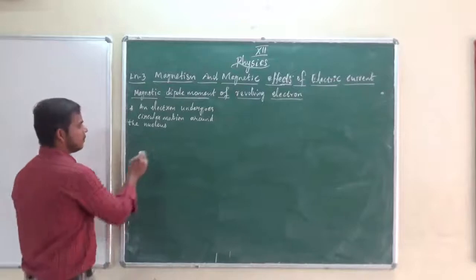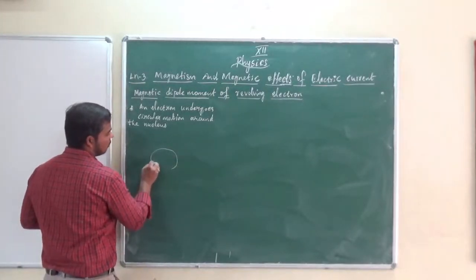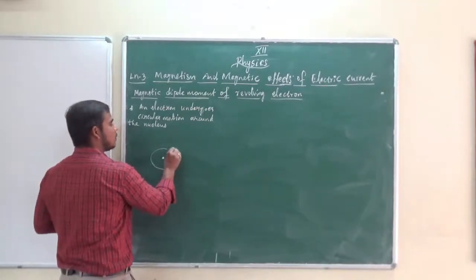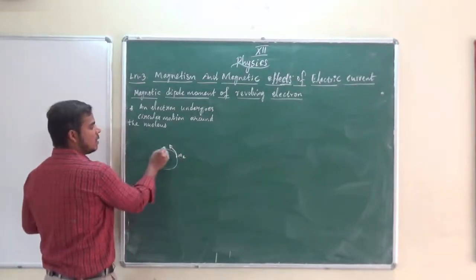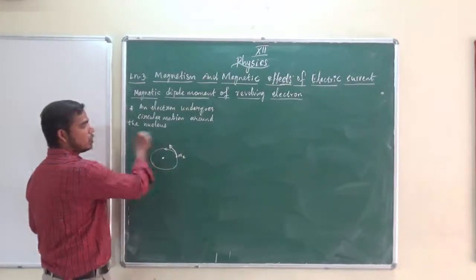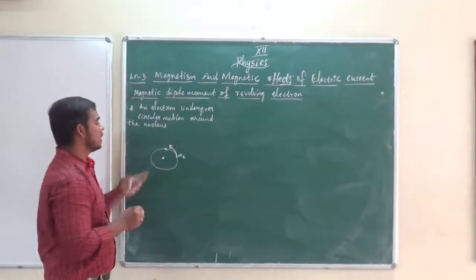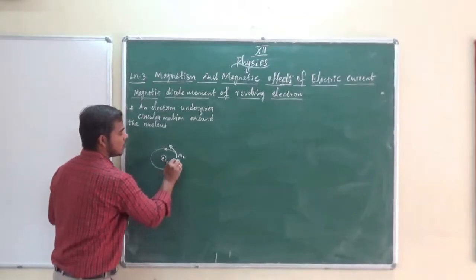See the diagram. This is a circle. An electron of mass m moves in circular motion in anti-clockwise direction. This is the nucleus.